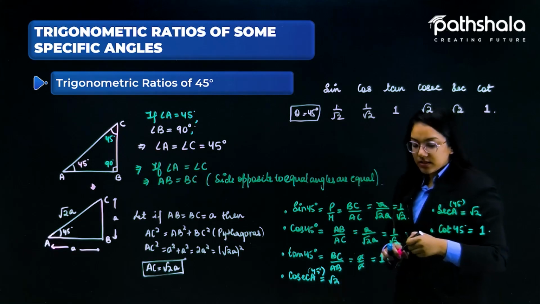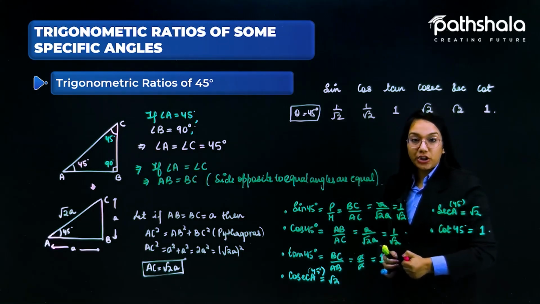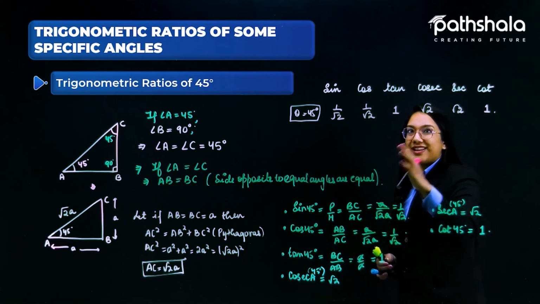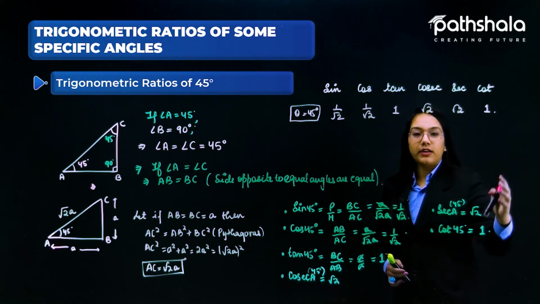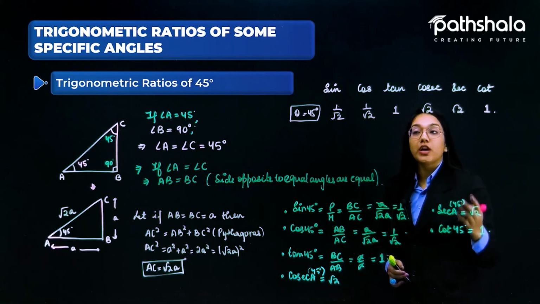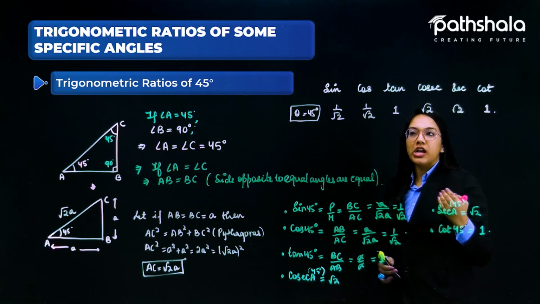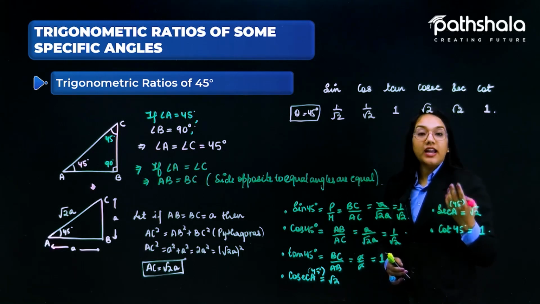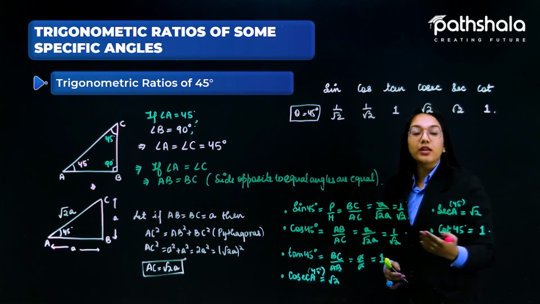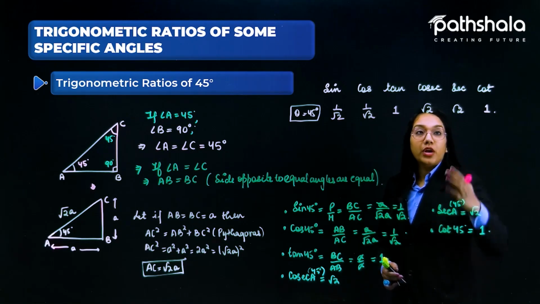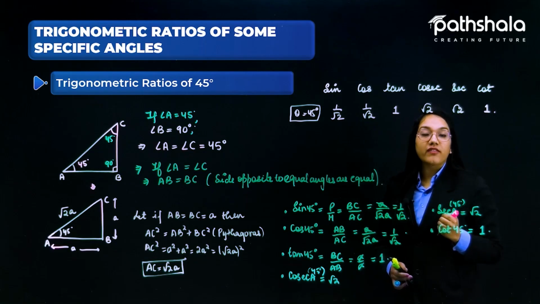So these are the various trigonometric ratios when the angle theta is equal to 45. Always remember, whenever we take the angle as 45, sine 45 is 1 by root 2, cos 45 is 1 by root 2, tan 45 is 1, cosec 45 is root 2, sec 45 is root 2, and cot 45 is nothing but 1.